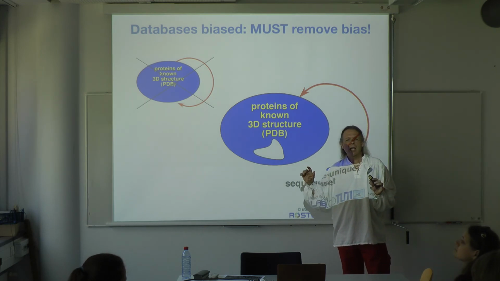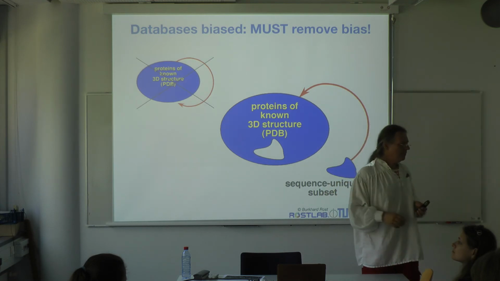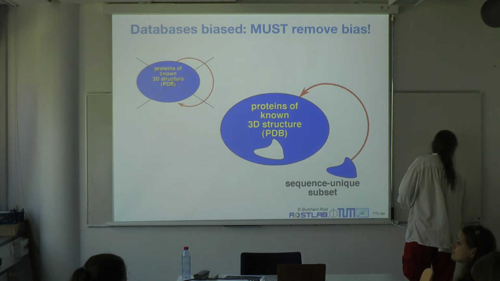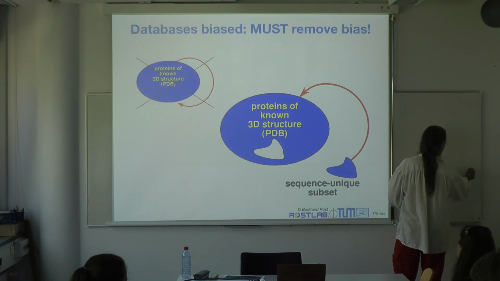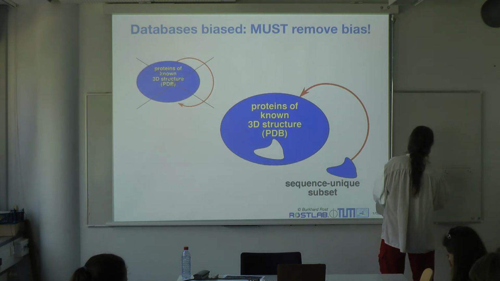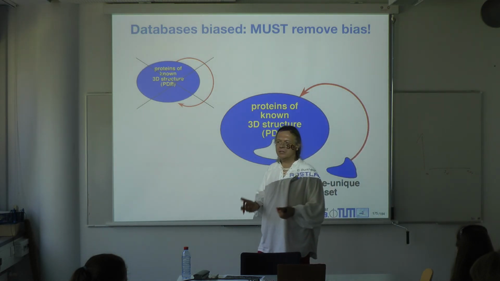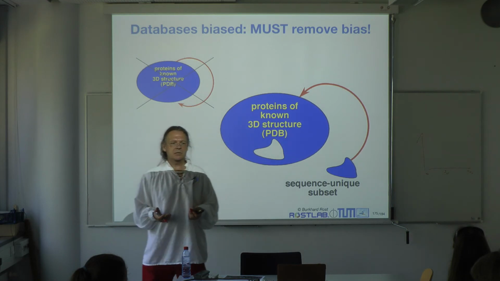And I'm asking, at what level of sequence identity do I find how many pairs? So I plot sequence identity from 100 here, 50, 0, and I want the distribution of all the pairs of proteins that have similar 3D structures.